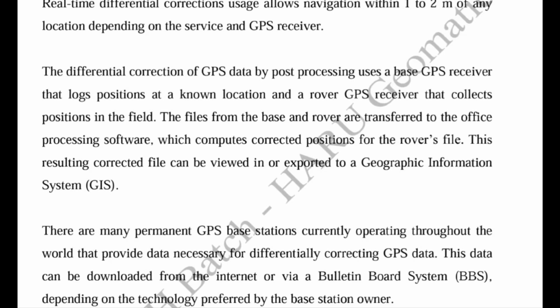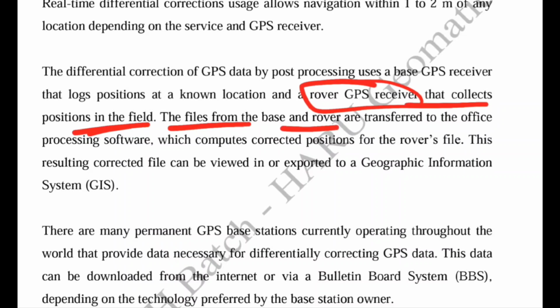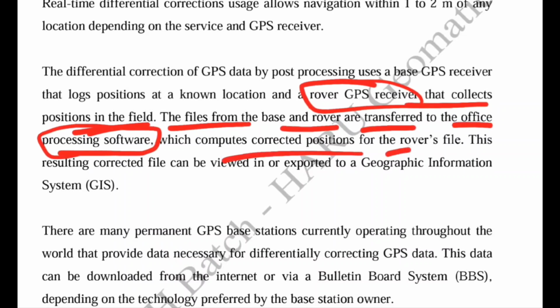So this data is post-processed in the software, and the technique is known as the static DGPS technique. The files collected by the GPS rover receiver on the ground, along with the files from the base, are transferred to the office processing software, which computes the corrected position for the rover's file.